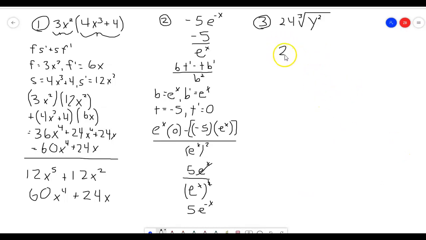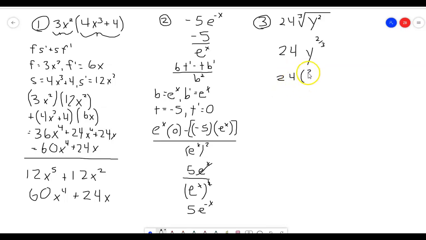So we can say 24, and this becomes y to the 2/3, and now this is just simply a power rule problem. So I'm going to bring that 2/3 out. The constant out front, 24, just stays there.